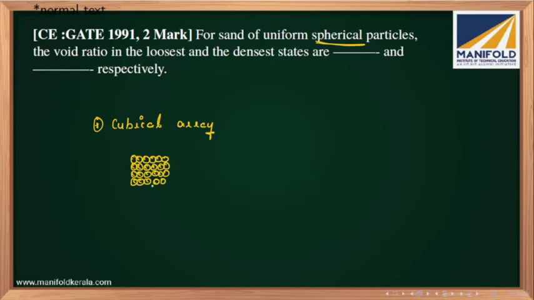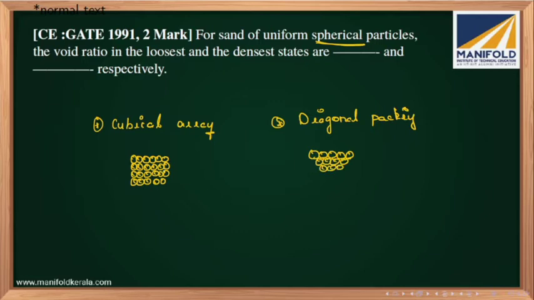The other form is the diagonal packing. If the soil particles are placed along the diagonal with respect to the adjacent particle, for example, this is a row of soil grains, the particles are placed along its diagonal, right?